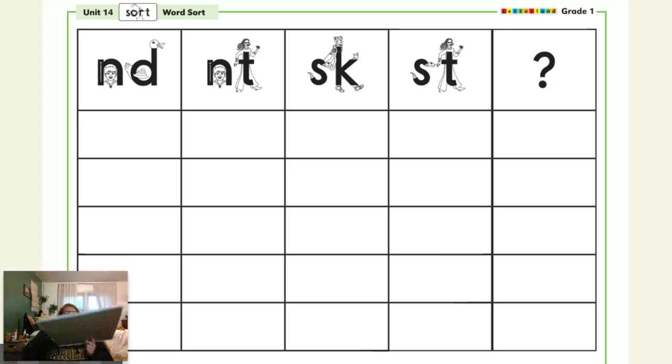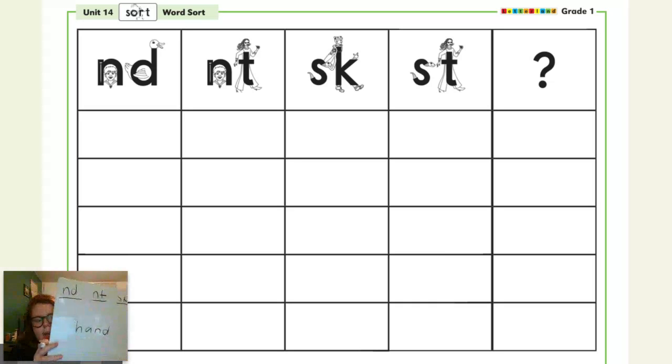You have your spelling words with you in your agenda, and I'd like for you to organize your spelling words by the end blend. So the first word that you're going to look at, I'm going to do this with you. The first word is hand. Now, what end blend is in the word hand?